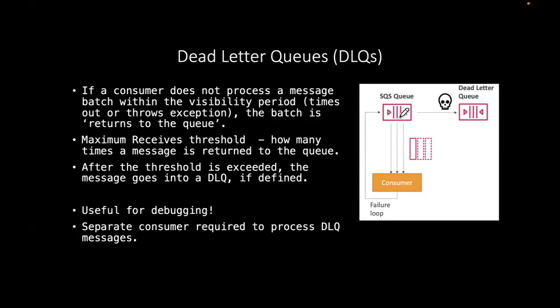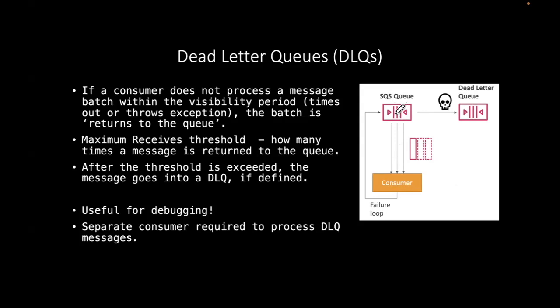It has to do all of that within the visibility time period that has been assigned to that batch of messages. The messages are still in the queue, but because their visibility timer is ticking, no other consumer, because there could be other consumers, can see those messages. So if another consumer happened to poll SQS for a batch of messages, it would not get the batch that was given to this consumer because their visibility timer is still, if you like, still ticking.